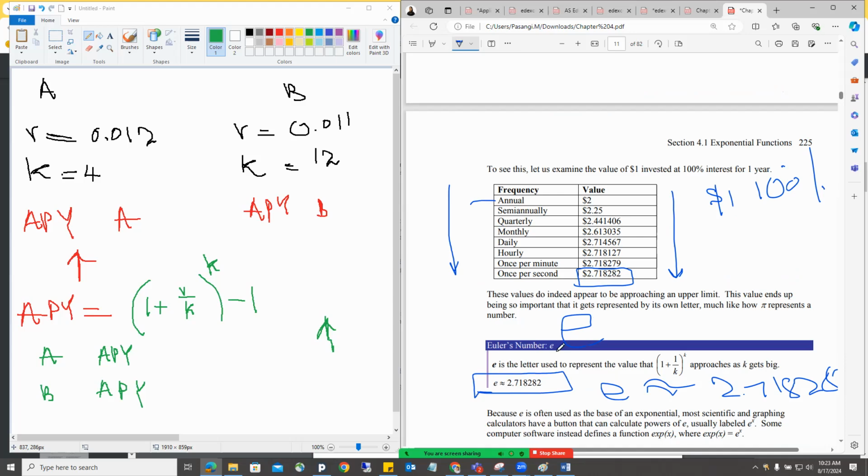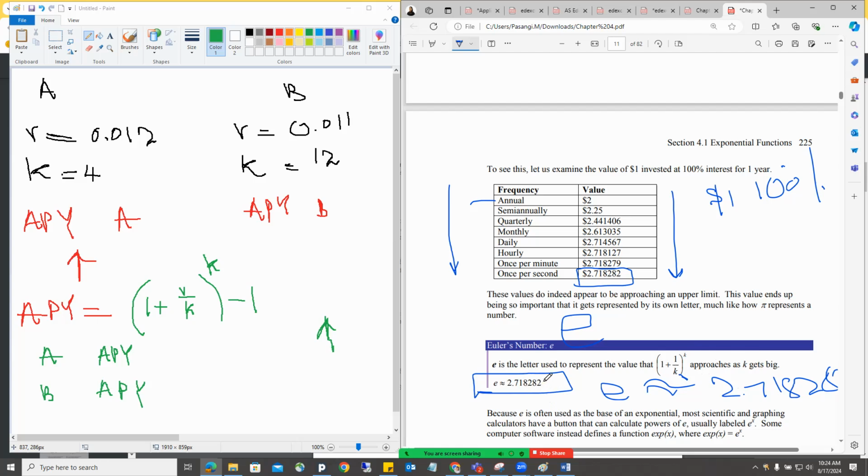So Euler's number, that is E. E is the letter used to represent the value that (1 plus 1 over k) to the power of k approaches as k gets big. K means the number of times we are calculating the interest. So when the value of k increases, the total amount gets much closer to 2.718.